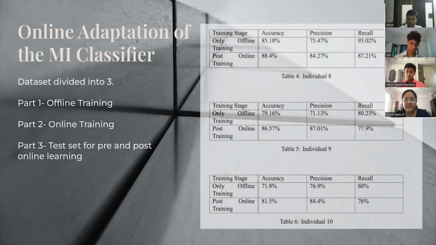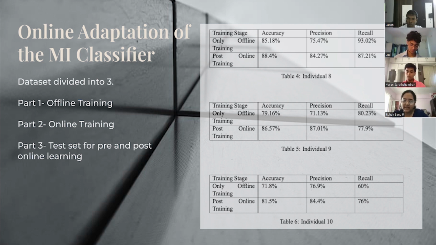The testing procedure for online adaptation for the MNI classifier is shown in the following tables. The process involved dividing the dataset into 3 parts, each containing an equal number of samples. Part 1 was used for offline training, and the base accuracy was tested on part 3. The classifier was then adapted online using part 2.